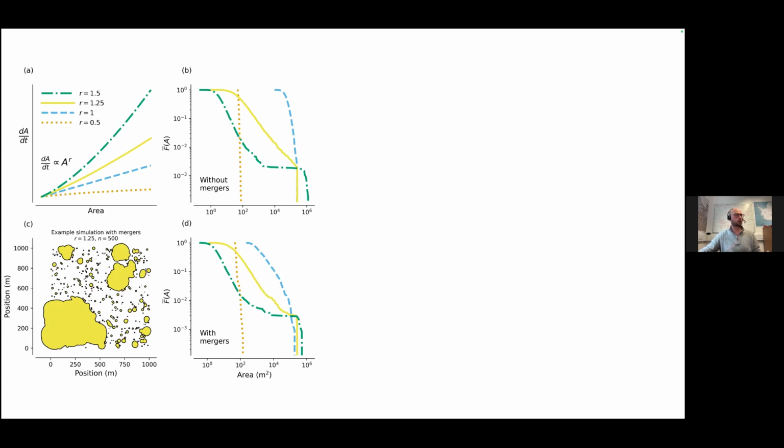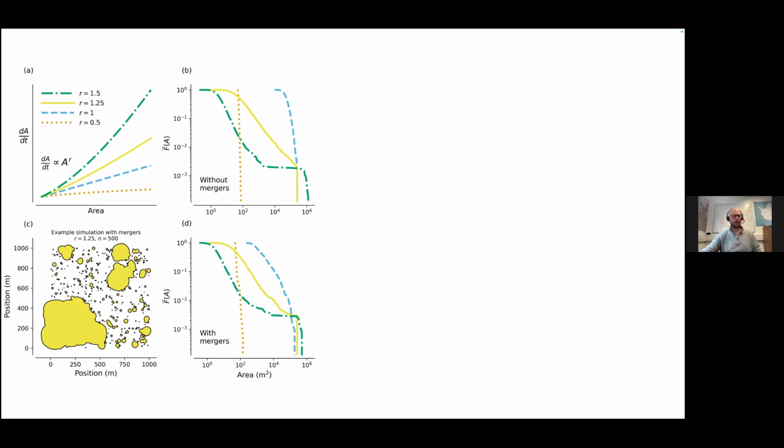So these R exponents that are greater than 1, which you can see with the green dotted line and the yellow line, are the only two exponents in our growth rate equation that would produce positive feedback, or that would produce power law size distributions similar to what we saw on the Gazumba Glacier. Exponential growth was not enough, and that constant radial growth was also not enough to produce power law distributions. So we really needed this hyperbolic growth where the growth rate of these depressions essentially takes off as the area increases.